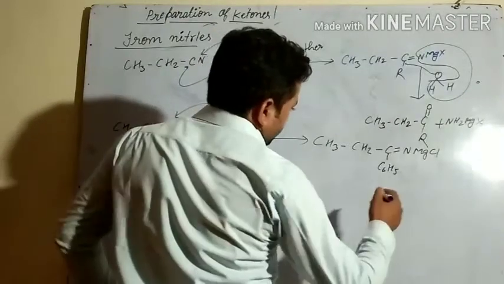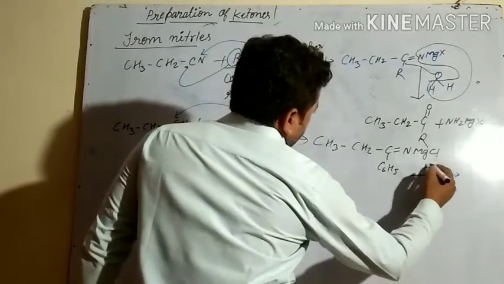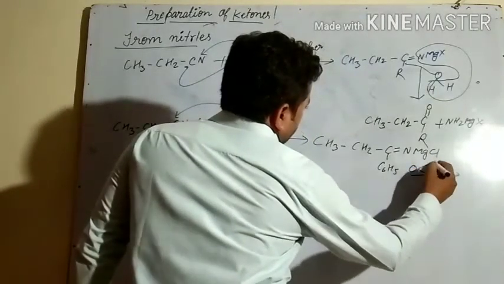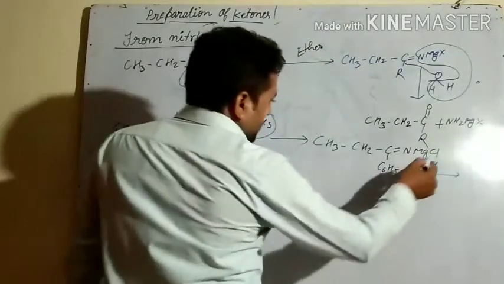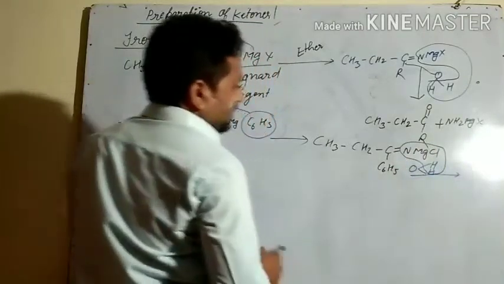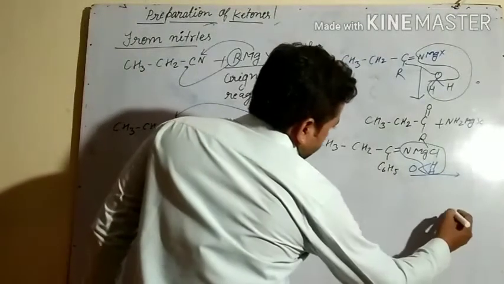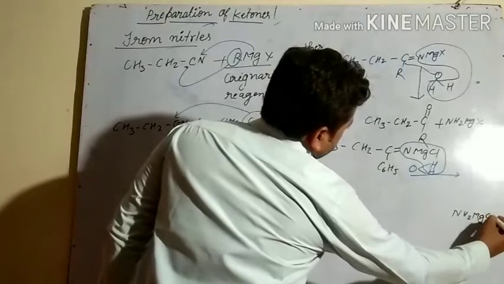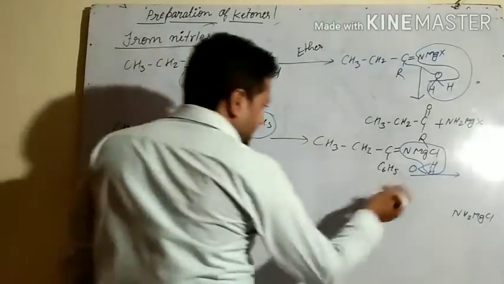On hydrolysis, here I am writing like this, so it will be easy to show. This will form a product. So what is that product? That is NH2 MgCl. And what is remaining?